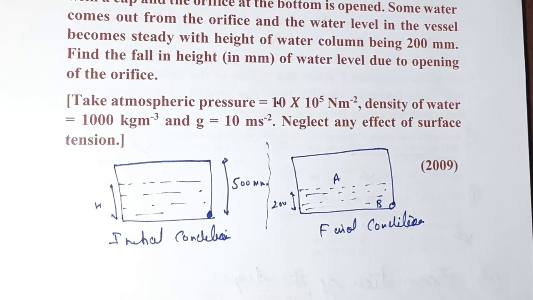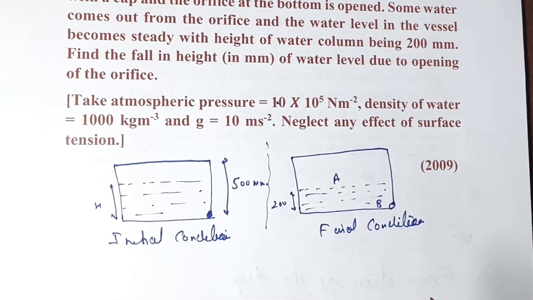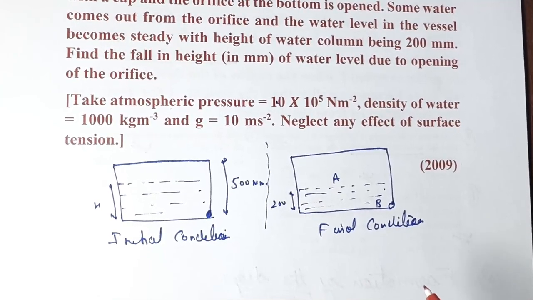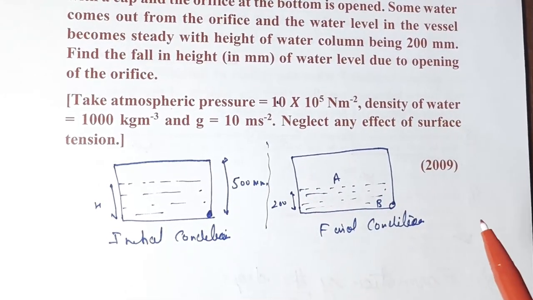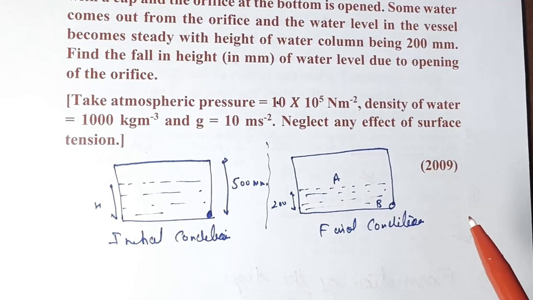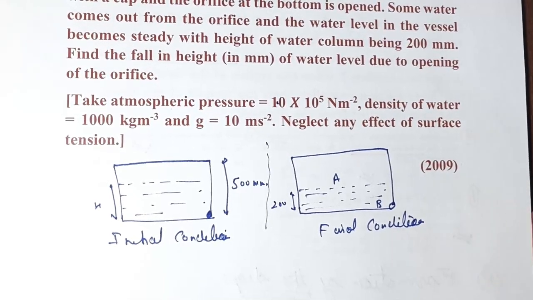So we are going to use Bernoulli's theorem for this final condition, and that will help us find out the pressure at the top, and then we are going to use Boyle's law in order to find out the fall in height.